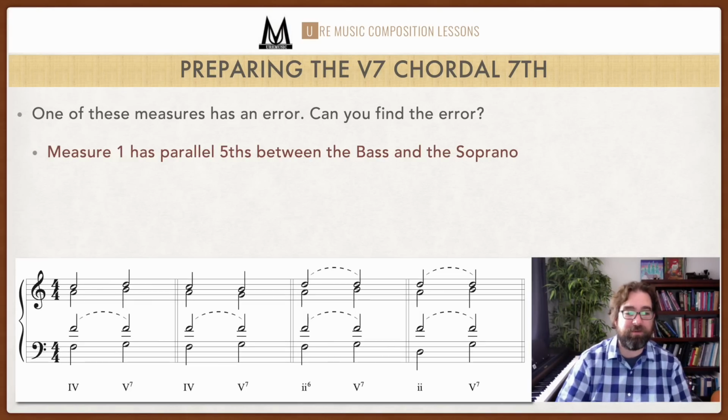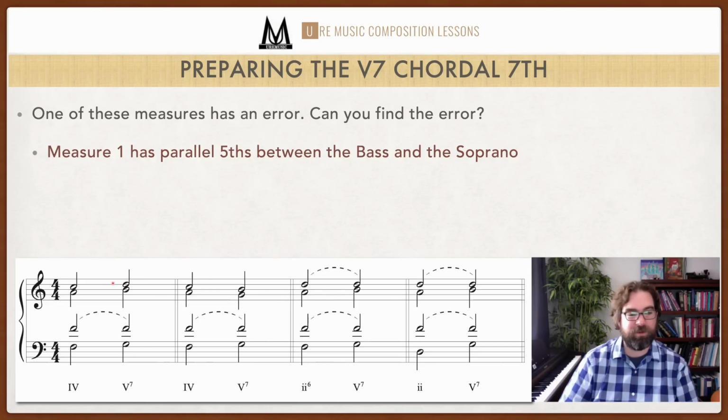So the error is actually in measure 1. There's parallel fifths between the bass and the soprano. This is why whenever we move from a 4 chord to a 5 chord, we want to try and have contrary motion in the upper voices. So this first measure would be an incorrect resolution.